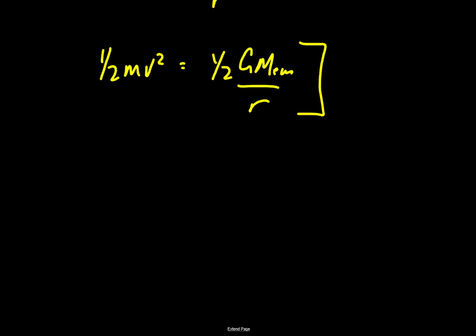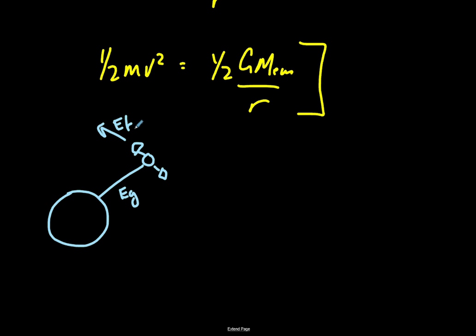And then let's just think again about this satellite. All right, so we know the satellite has two things going for it, right? It's got EG and it's got EK, right? So we could say then that the total energy of the satellite would be EG plus EK.